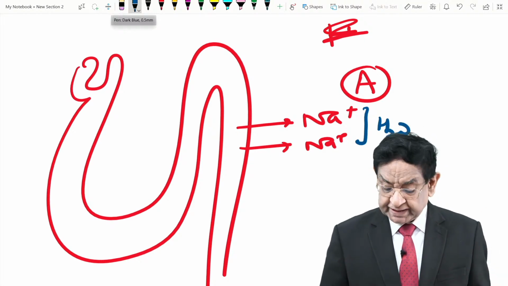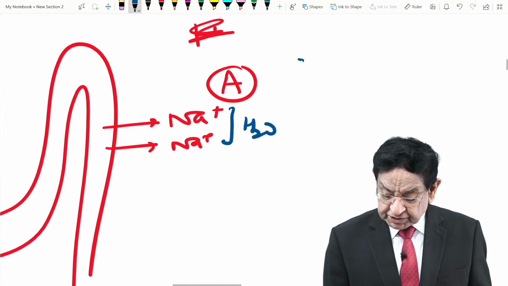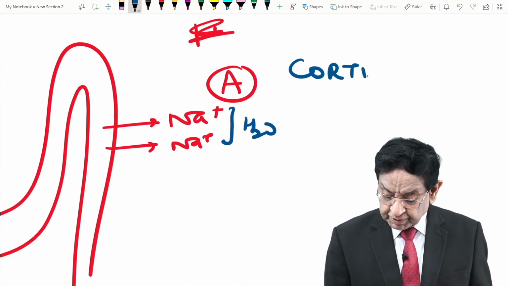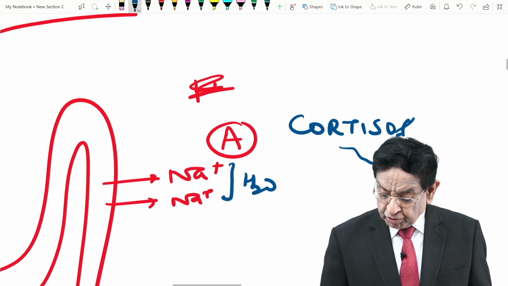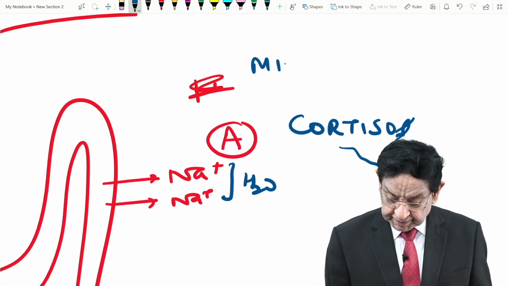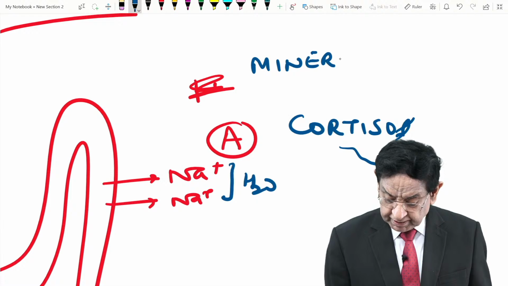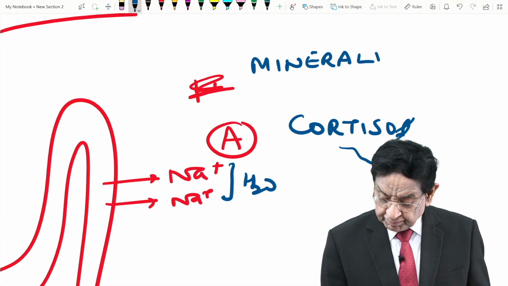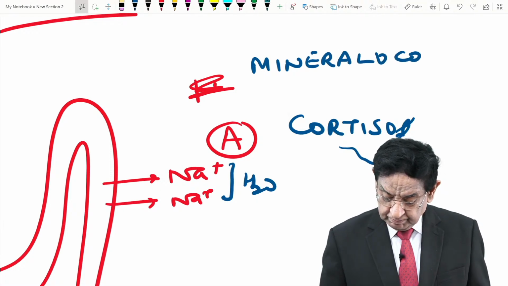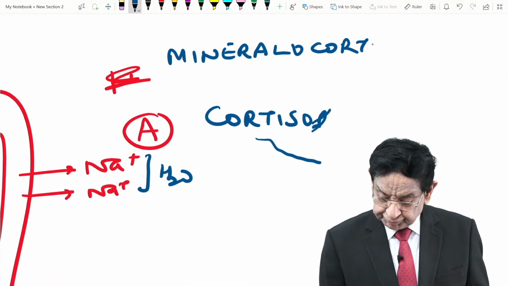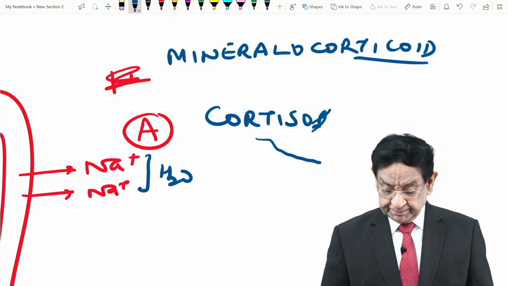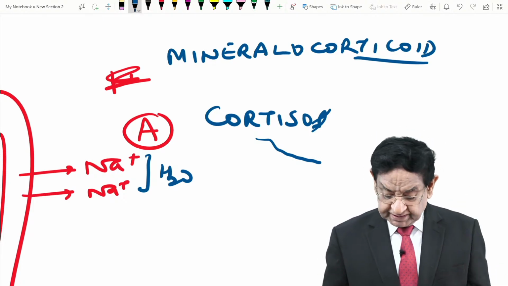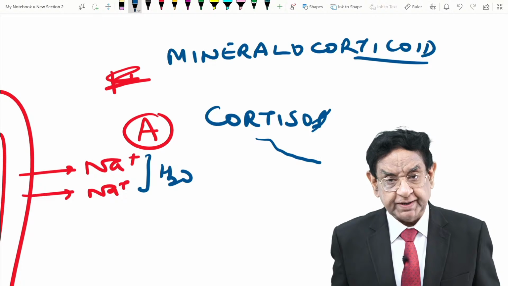Now we all know that the natural steroid is cortisol. Cortisol also has mineralocorticoid activity, and due to mineralocorticoid activity, it also tends to absorb sodium and water.